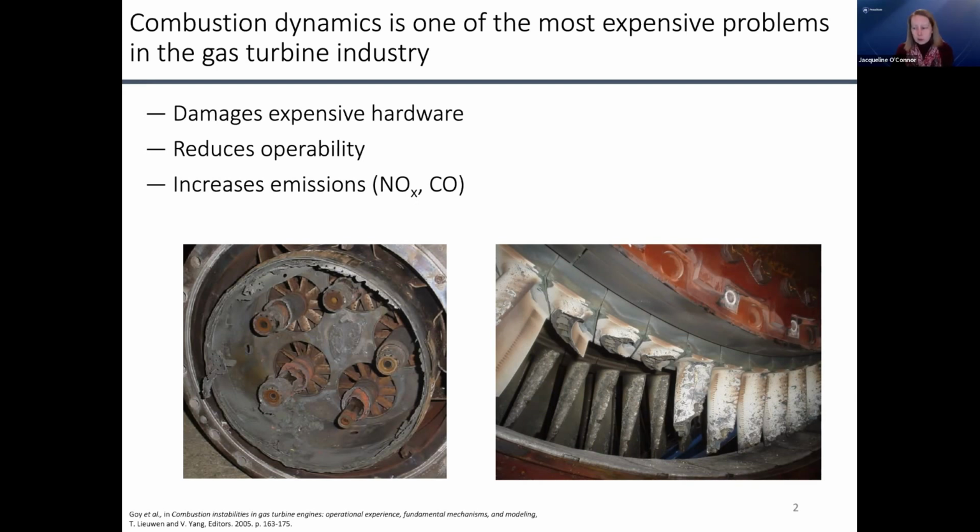So operability is really, I kind of define it as how well your engine operates, how easily your device is operated. And so if you have these pockets of instability around your operating range that may move depending on the weather, the season, the fuel type, the humidity, if there are gnomes in your fuel system.